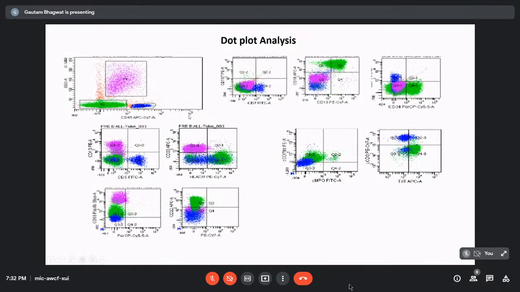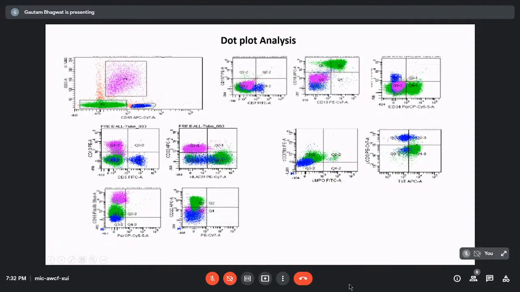Now a crowded slide, but this was just to make you acclimatize with how we see everything on our screen. So this is the CD45, the green cells of interest. Now if you see in terms of CD117 and CD7, the green cells are in the negative column. These few blue cells, now blue is lymphocyte, are positive for CD7.